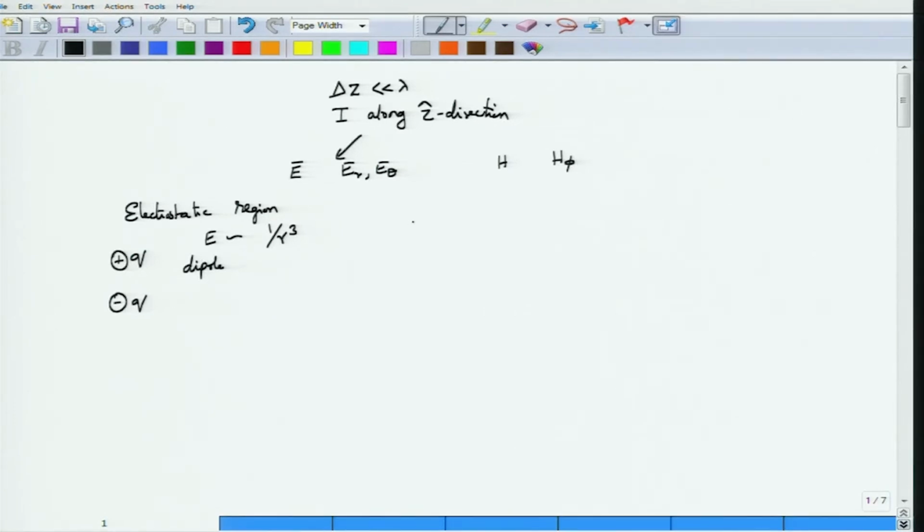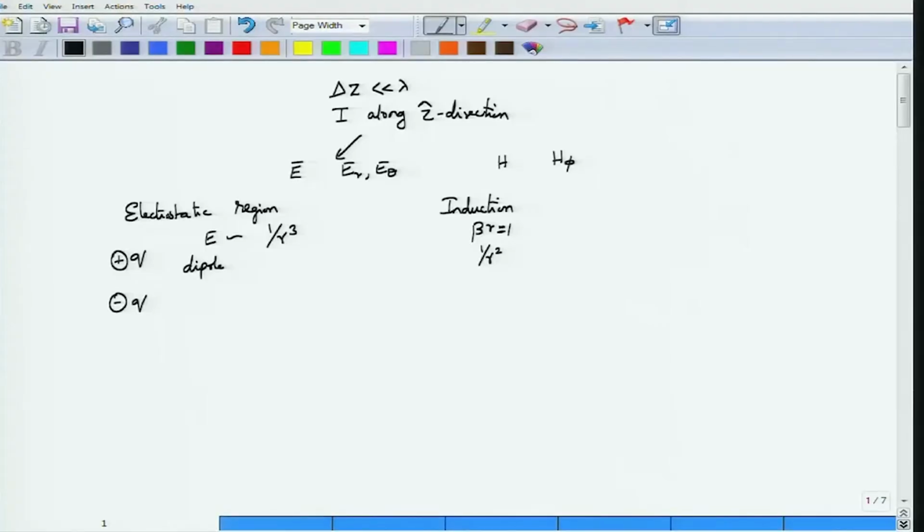And we also saw that as you go away from the antenna to a certain distance where beta r becomes equal to 1, at this approximate distance you have what are called inductive fields. Inductive fields go as 1 by r square, and they do not really radiate or dissipate power. The power is actually stored in the form of the reactive fields around the antenna.